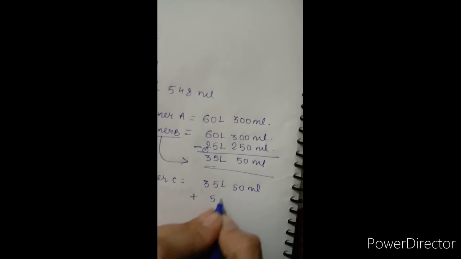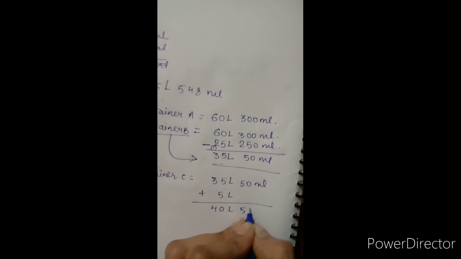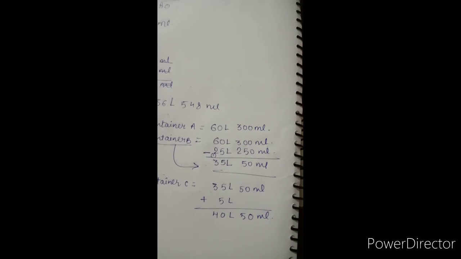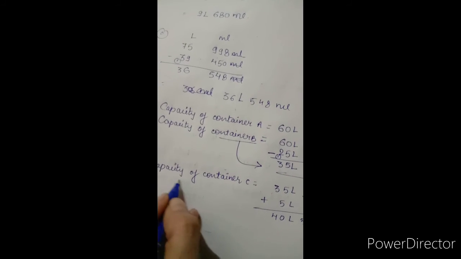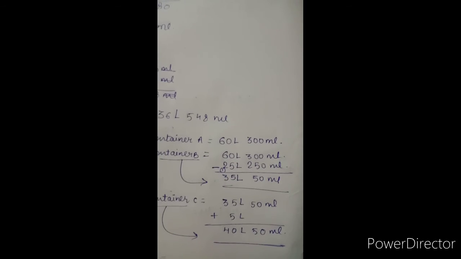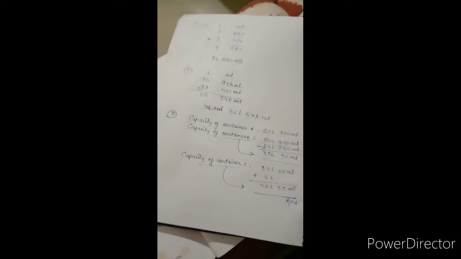So add 5 liter, it means its capacity is 40 liter and 50 milliliters. And we have to find the capacity of container C. So we can write here that the capacity of container C is 40 liter and 50 milliliter. That's our answer.